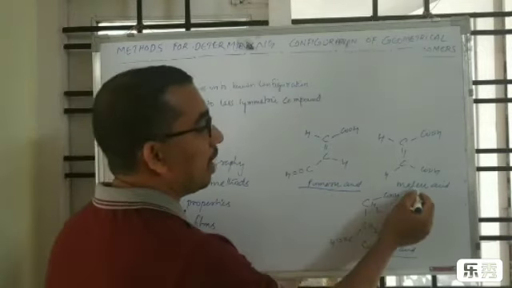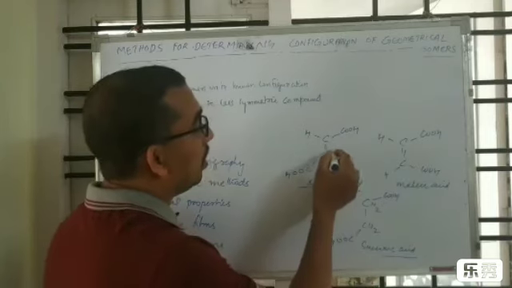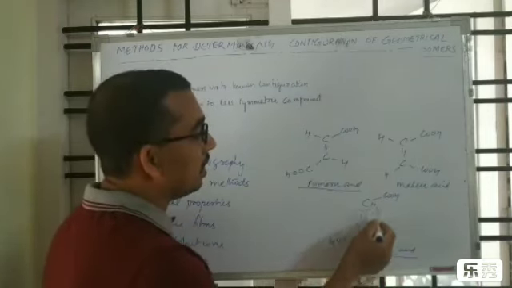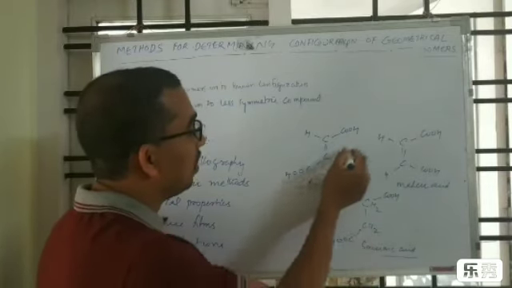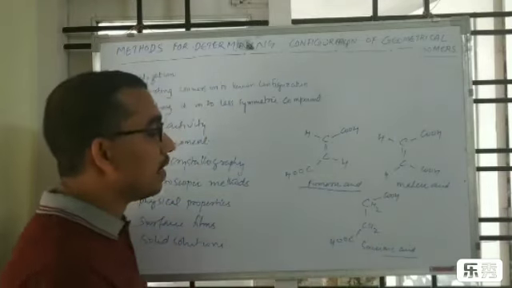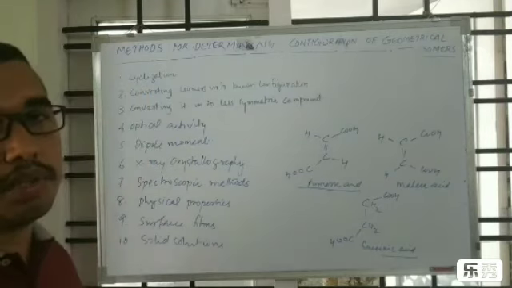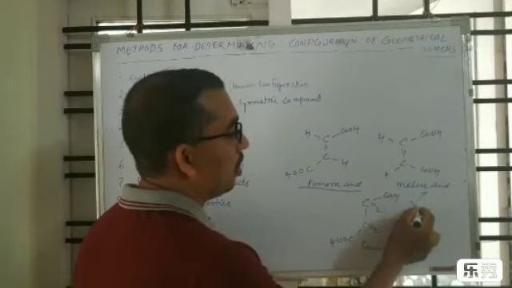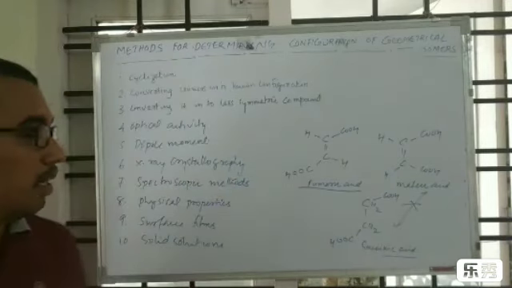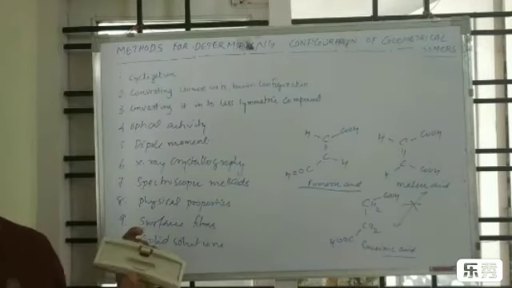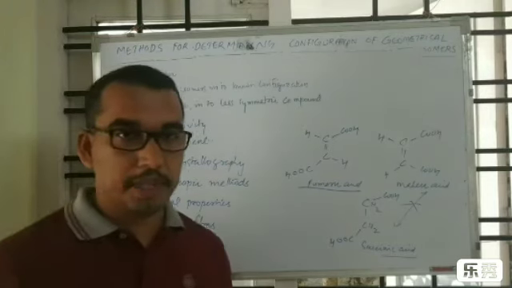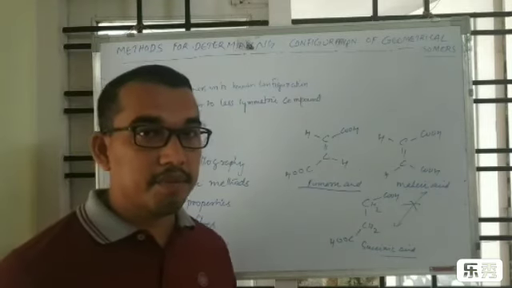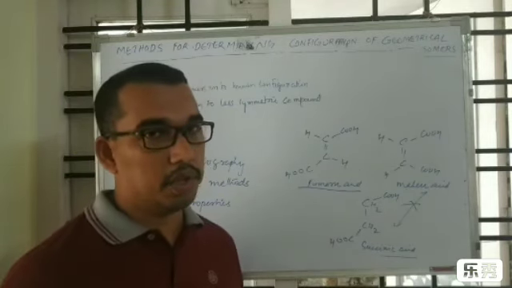The fumaric acid and malic acid are isomers. Here the corresponding saturated compound is succinic acid, and this succinic acid has almost similar shape as fumaric acid. So fumaric acid and succinic acid will form solid solutions, but malic acid and fumaric acid will not form solid solutions. So by that we can determine the configuration of some geometrical isomers. Here in the method of solid solutions, compounds of similar size and shape will form solid solutions.